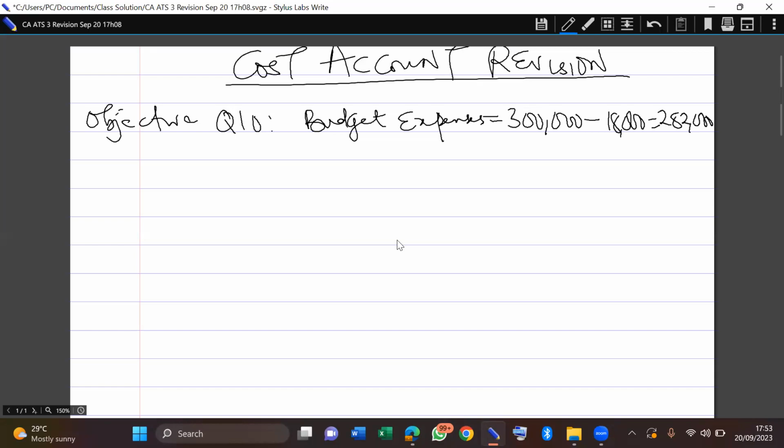How do we now get our budgeted variable overhead? Remember, your budgeted variable overhead will always remove fixed costs.